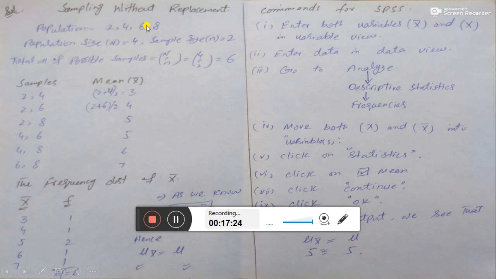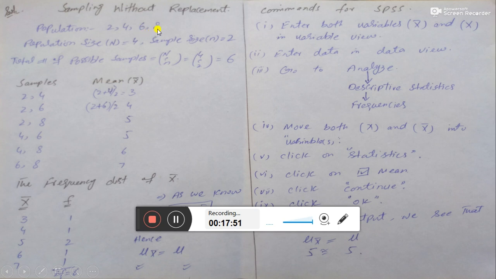Similarly, 2, 6 and 2, 8. Now 2 is completely exhausted from the population. It is no more in the population because I have not returned it back before selecting the 4. Now it's the turn of 4. 4 cannot come with 2 and 4 cannot come with 4 as well, because 4 is selected at the first stage and 4 cannot be selected at the second stage. So 4 can come with 6 and 4 can come with 8 only.